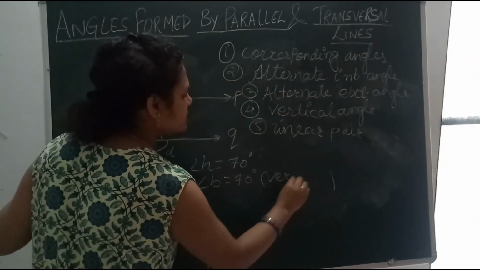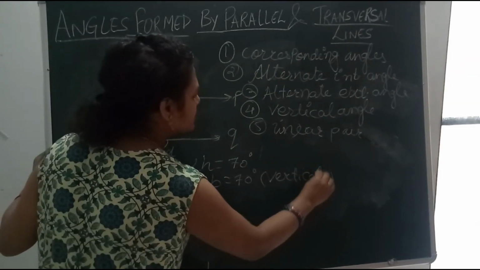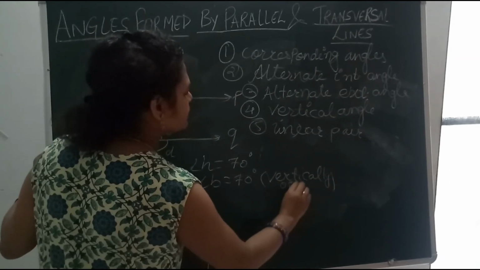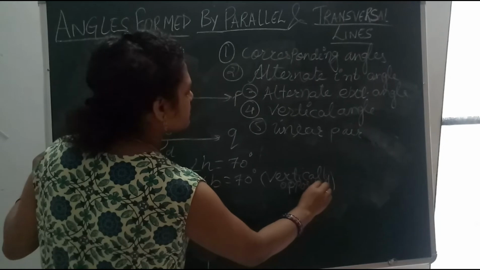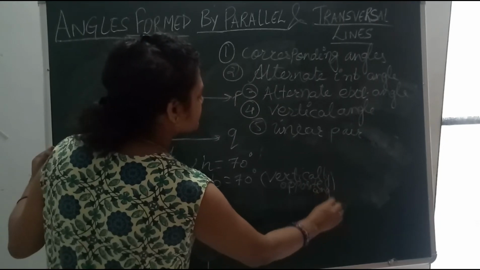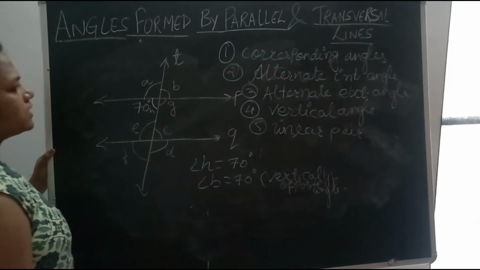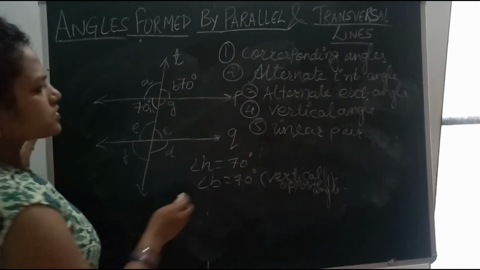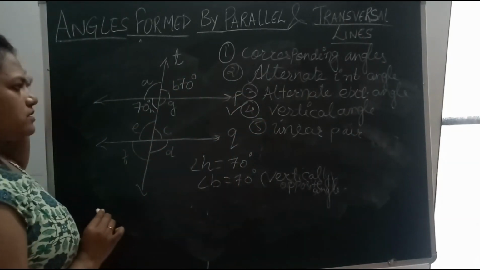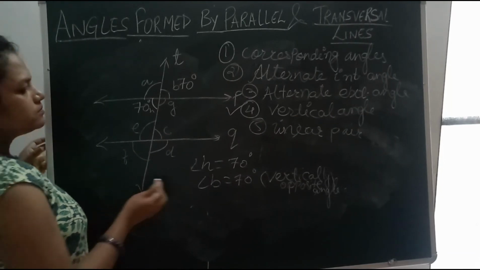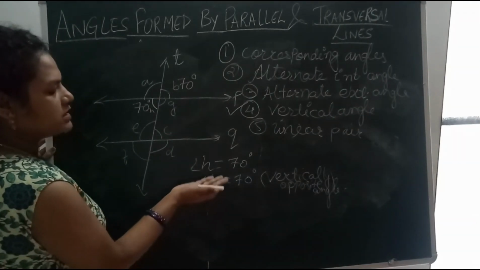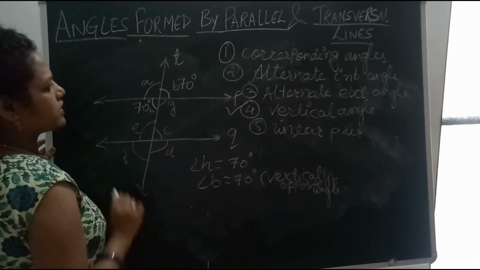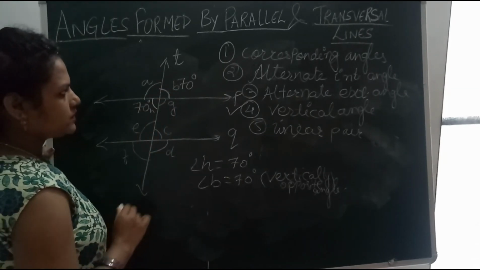So I can write here vertically opposite angle. Understood? So this is your 70 degrees. Vertically opposite angle means when they both are opposite to each other, these two angles are equal.